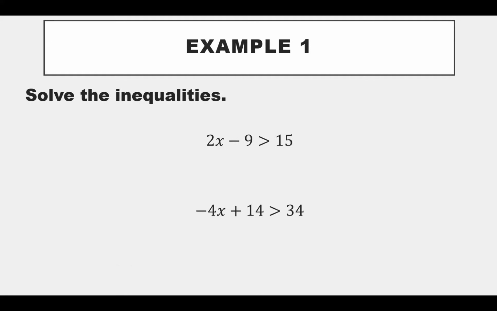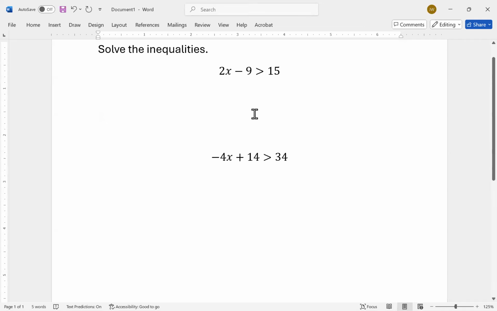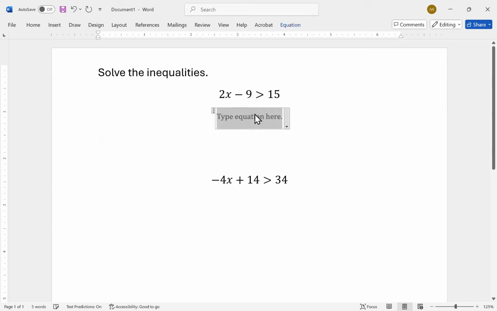So let's do a couple of examples. Let's solve these two inequalities. In this first inequality, what I would do is add 9 to both sides. Both sides are as simplified as we can make them, so I'd add 9.